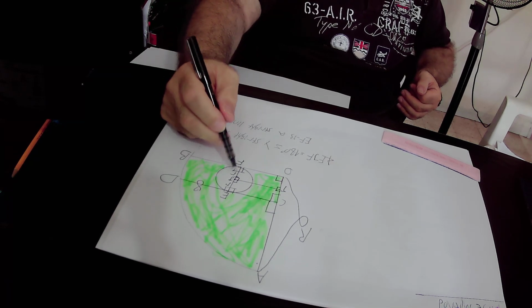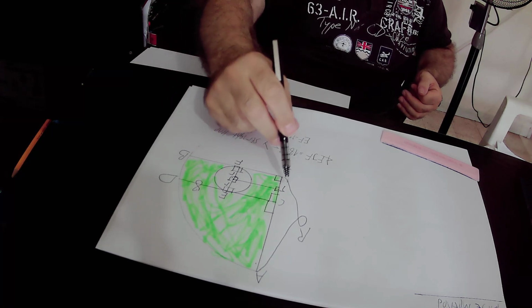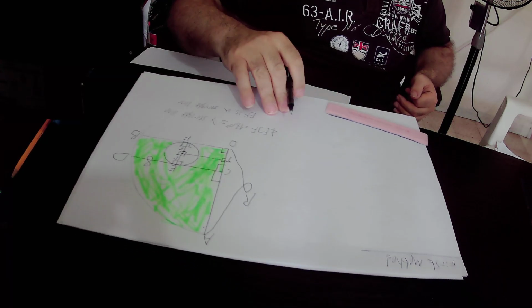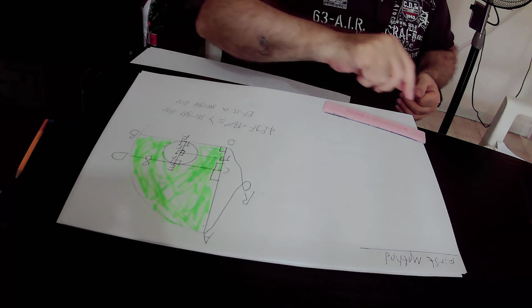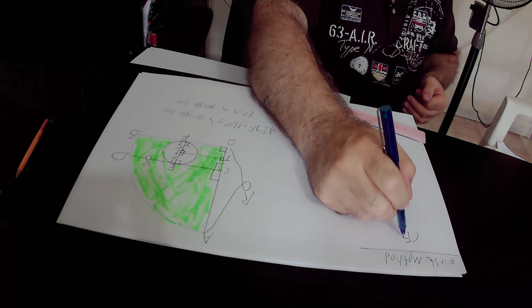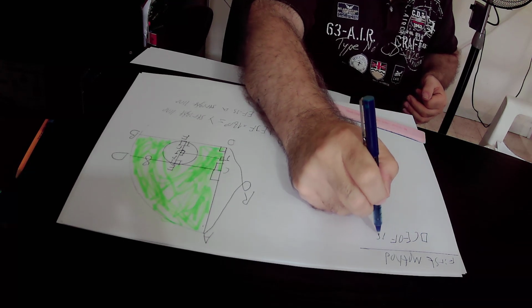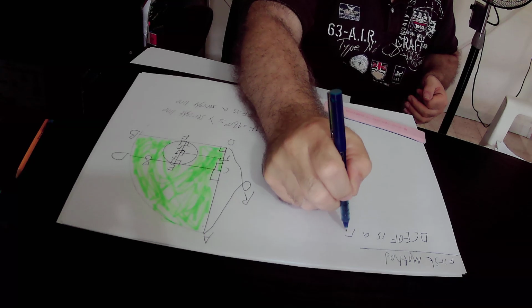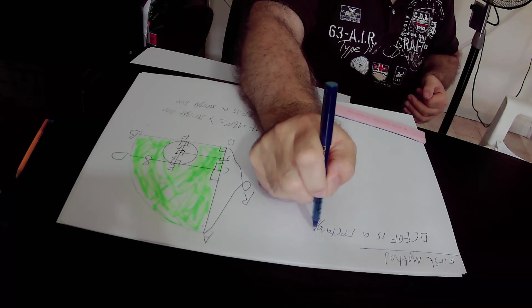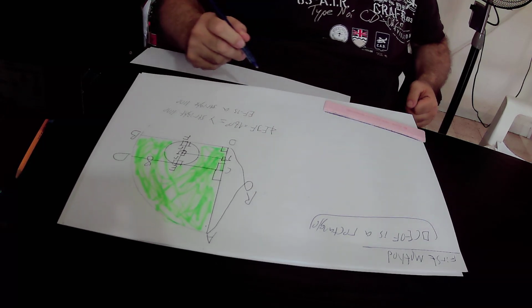And if line segment EF is a straight line, it means that quadrilateral CEOF is a rectangle. I write it down: quadrilateral CEOF is a rectangle. Why? Because it has 4 right angles. And we also know that the opposite sides of a rectangle are equal to each other.